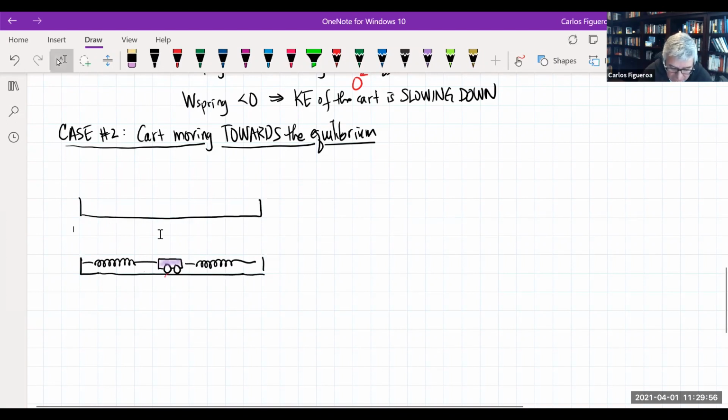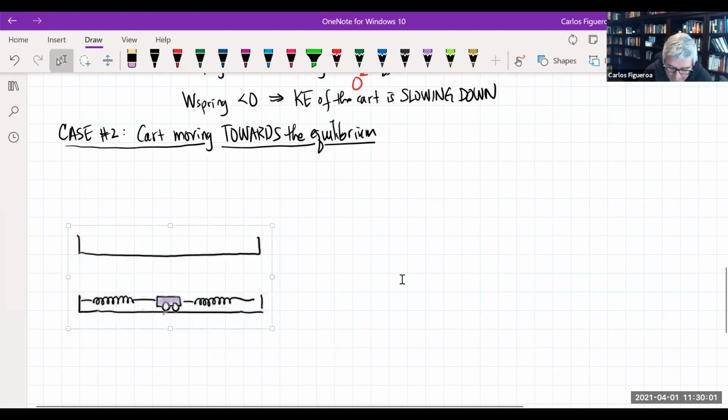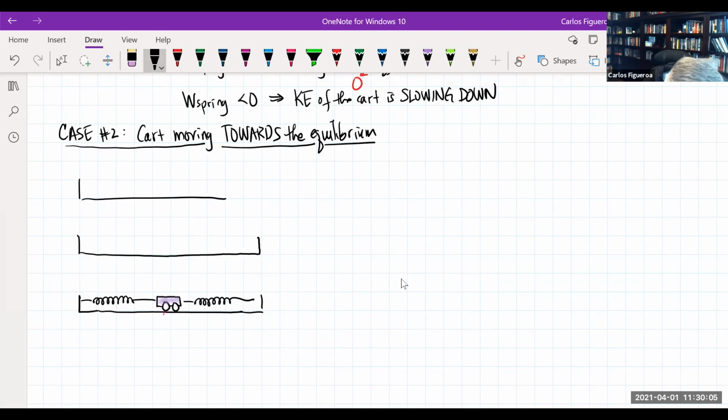I need to move it down just a little bit more, and then I need this guy here. So what you're seeing here is that the cart is starting where? It's starting at the turning point, and then it's moving towards the equilibrium.